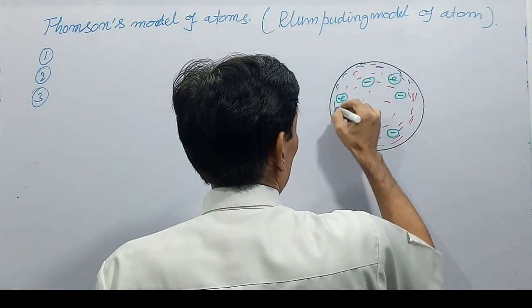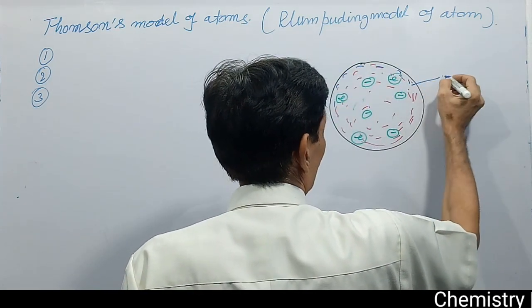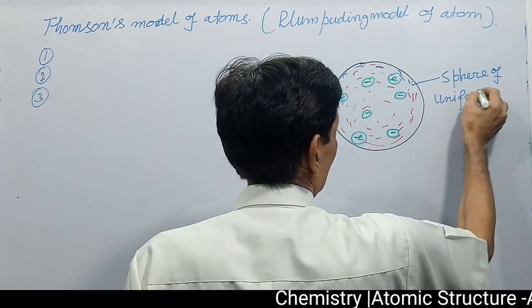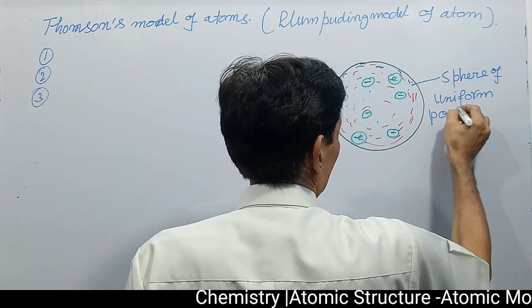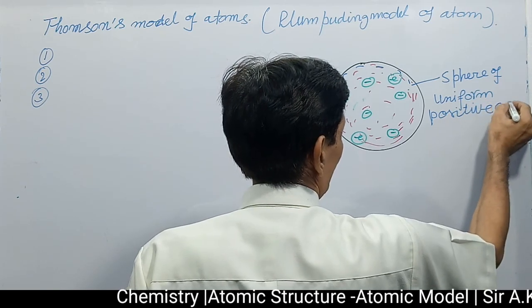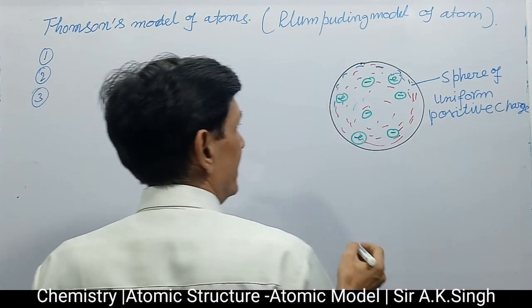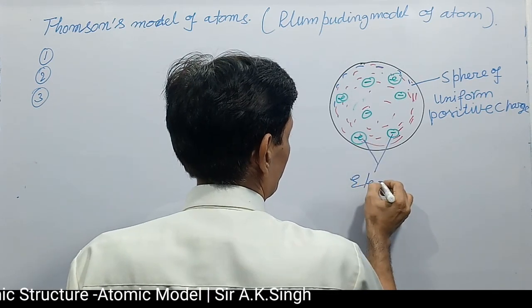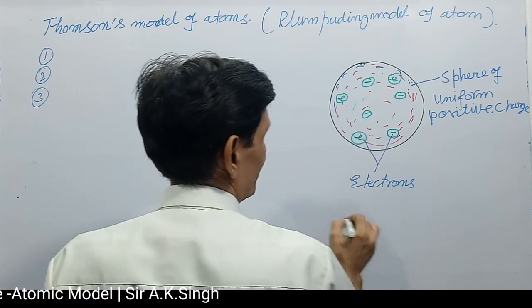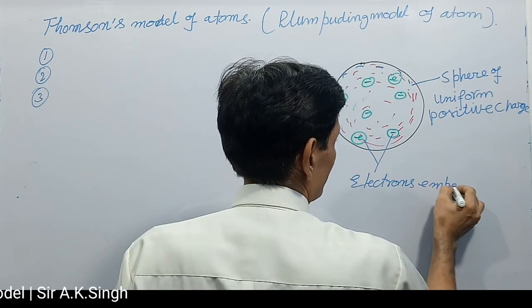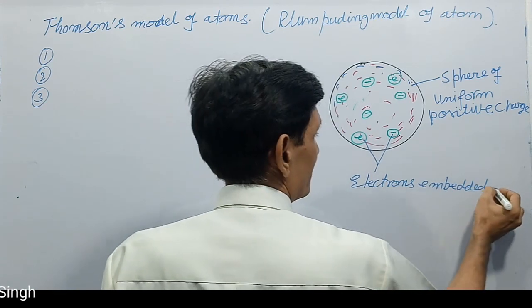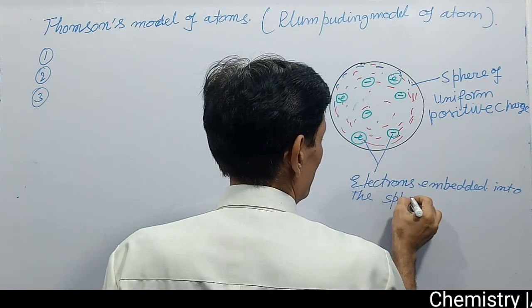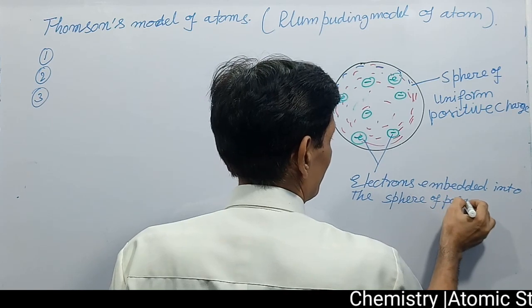This is the sphere of uniform positive charge, and these are electrons embedded into the sphere of positive charge.